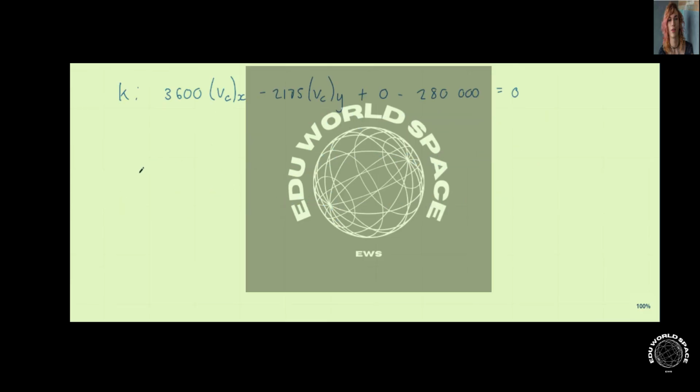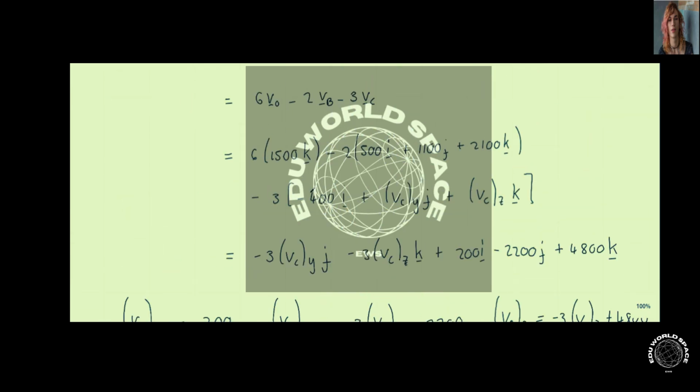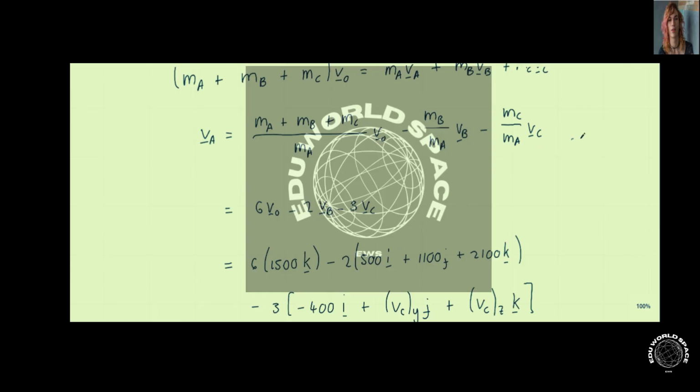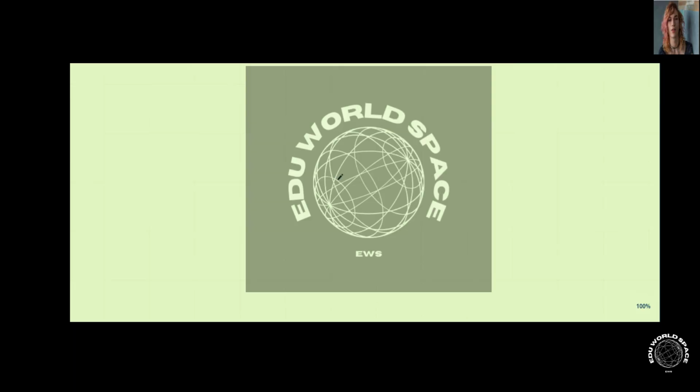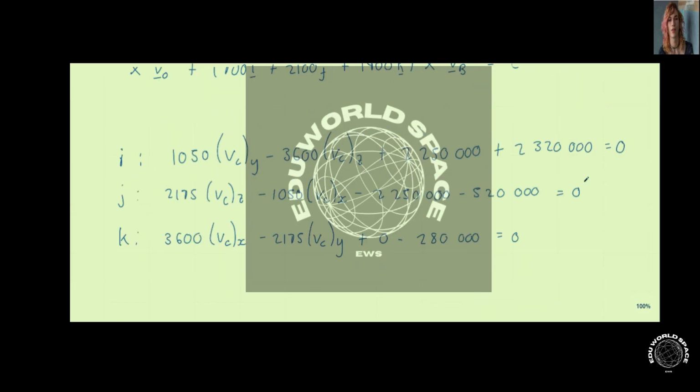So if we go back to the initial equation for VA, we'll call this equation 1, and we'll call these three equations equation 2, equation 3, and equation 4.